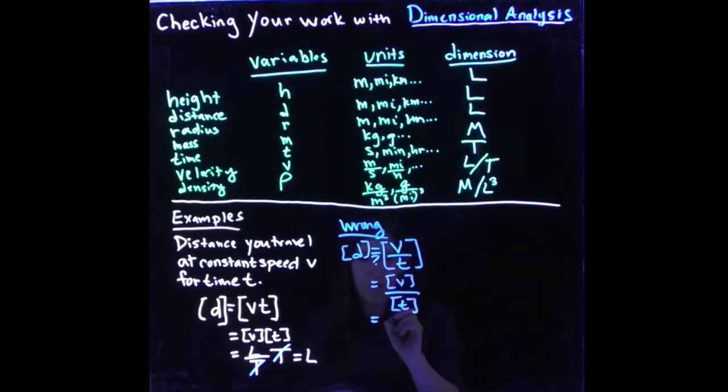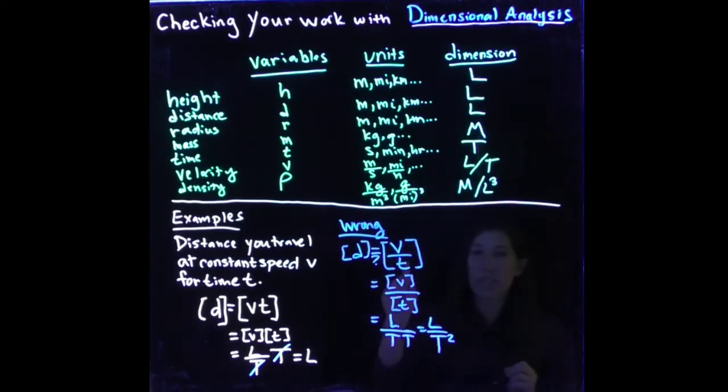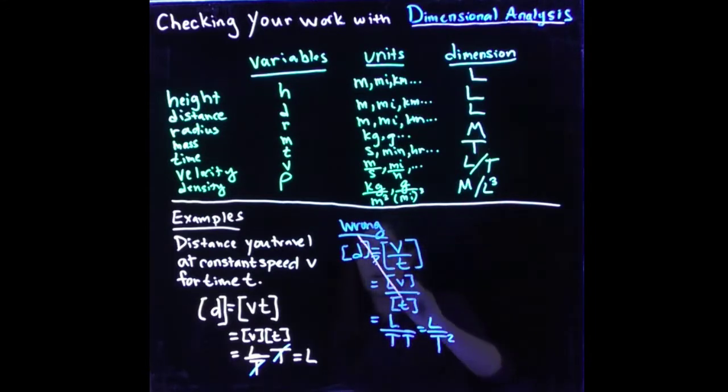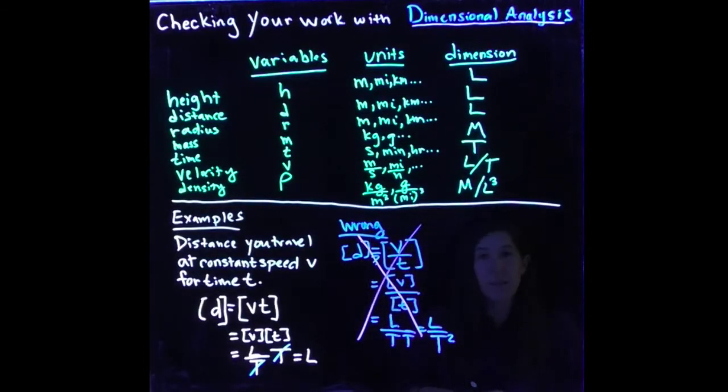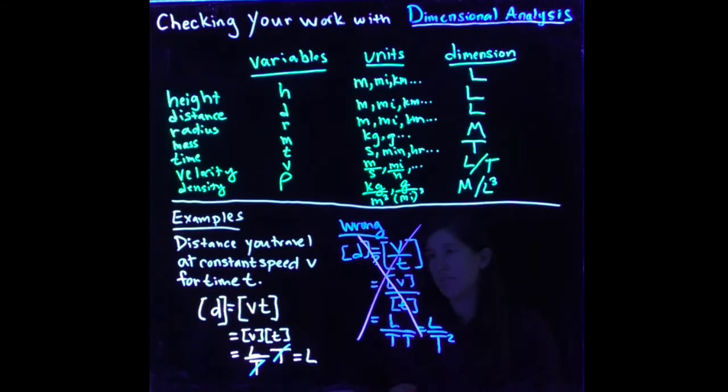And then we would end up with length divided by time, which is length divided by time squared, which is not the dimension of distance. And so you would find out that is a big mistake. That's a big no-no. You must have made a mistake in your calculation. And here it is that you accidentally forgot the equation for the distance when you're driving at a constant velocity.